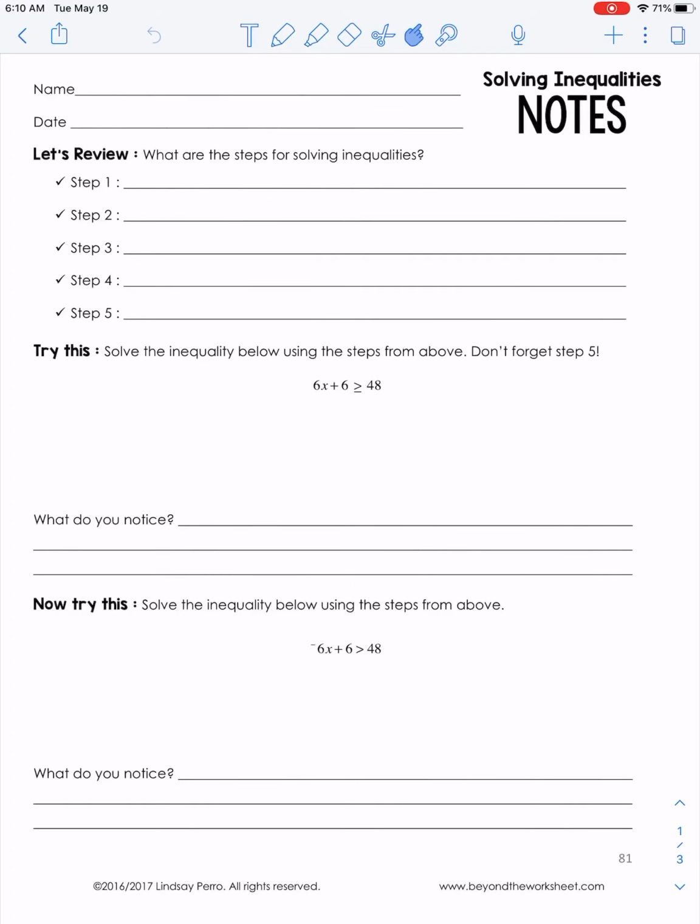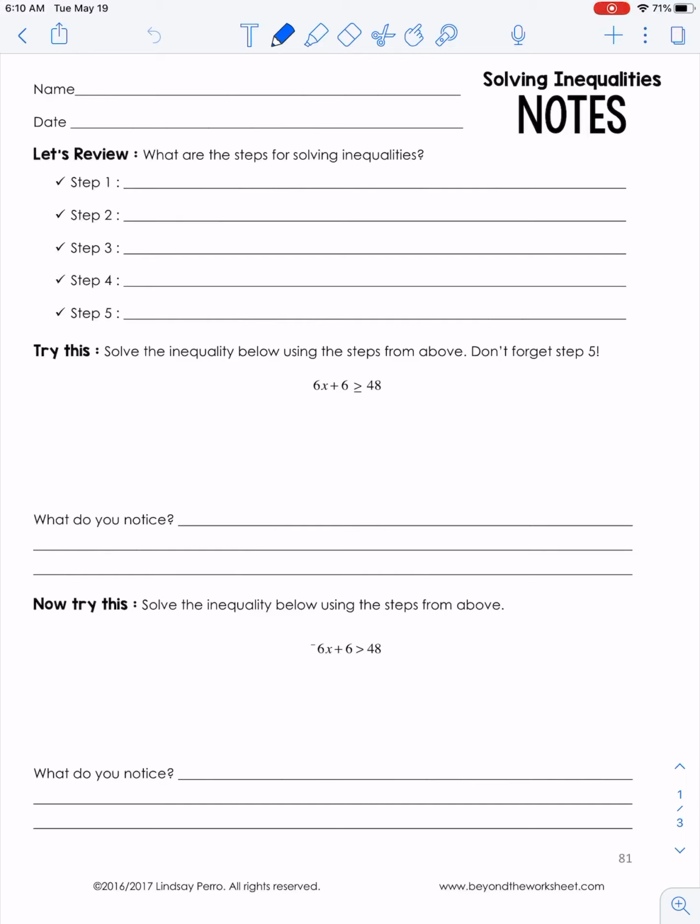Good morning, sixth graders. Today we are moving into solving inequalities. So we're going to be solving inequalities just like we solved equations last week. So the first step is the same.